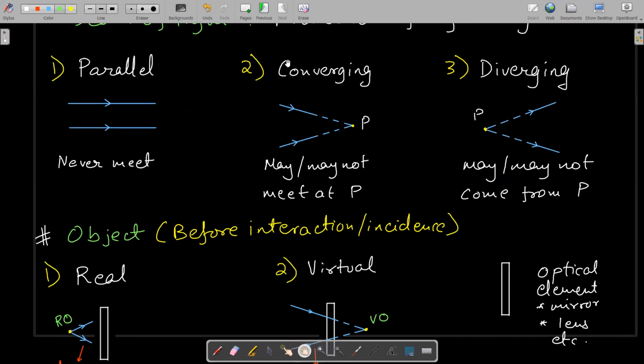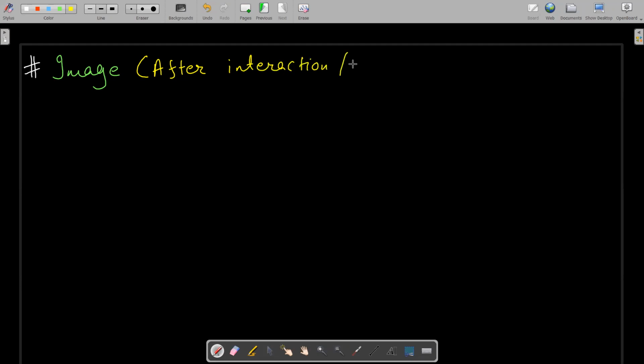Okay, next we'll talk about images. Now, image क्या होता है? It is something that happens after interaction, after interaction or incidents. ठीक है?